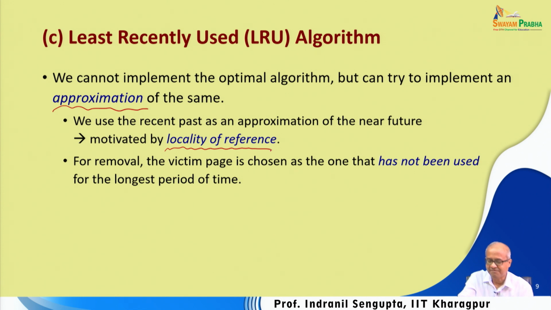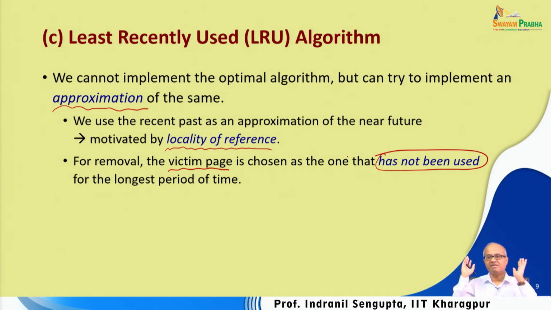You are selecting the victim page as the one which has not been used for the longest period of time. That means a page which was not used recently is perhaps not in the locality; locality of reference is not holding for that. The pages which are used recently will likely be used again in the near future. That is what temporal and spatial locality says, right.